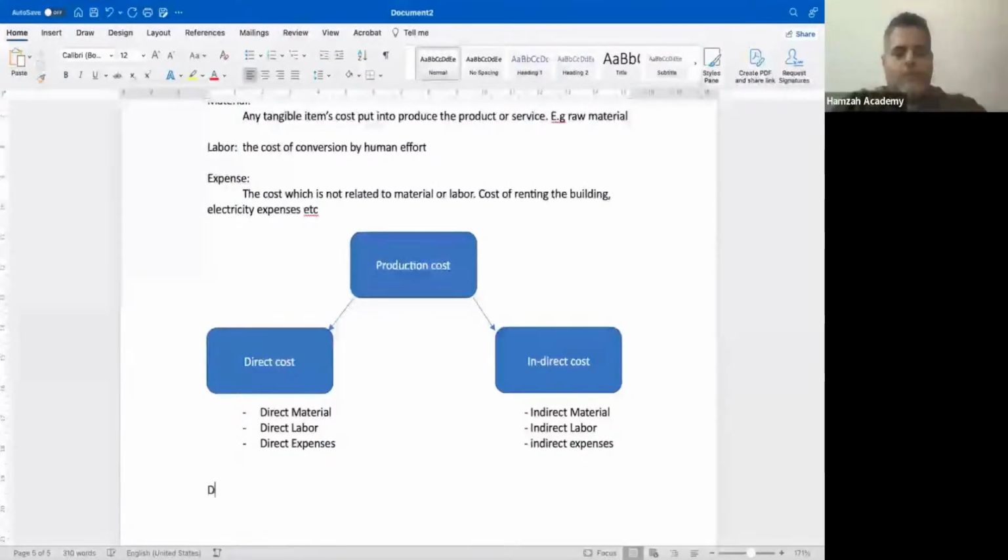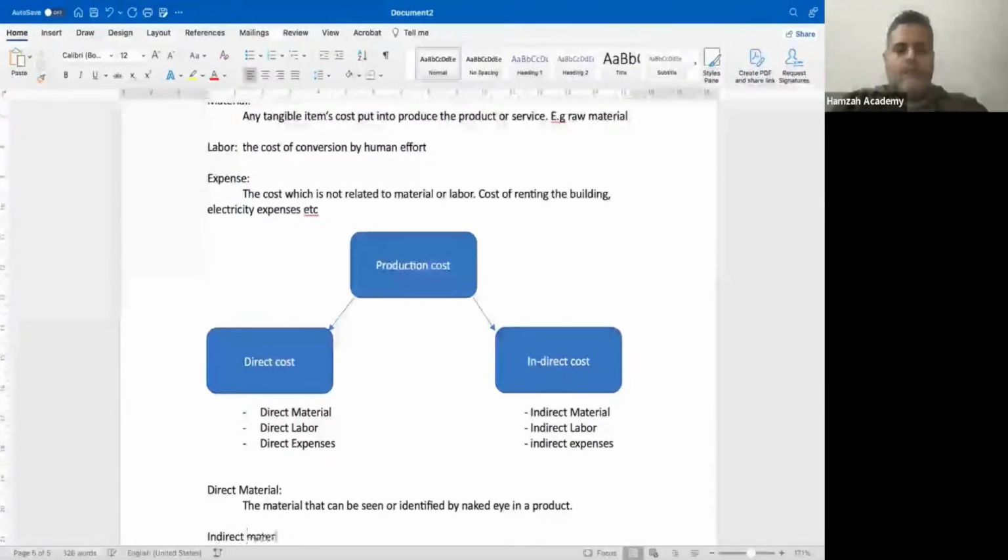Now, if we talk about the direct material, it is the material that can be seen or identified by the naked eye in a product. That is called direct material.